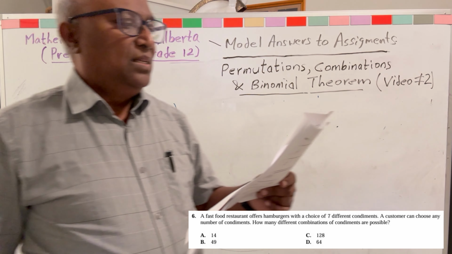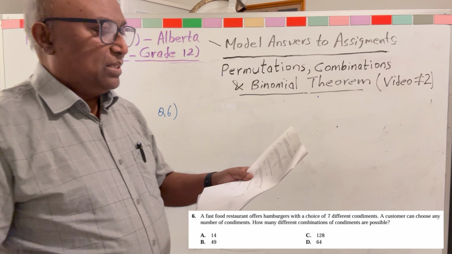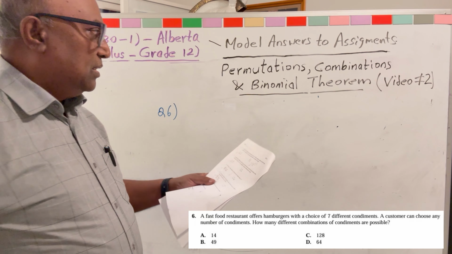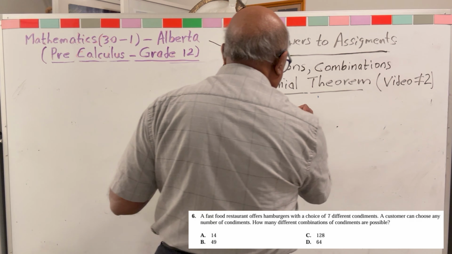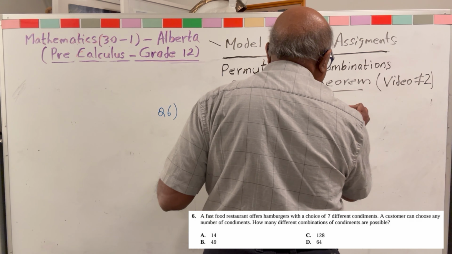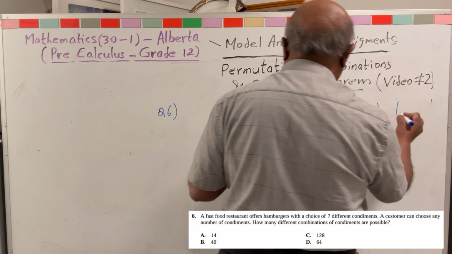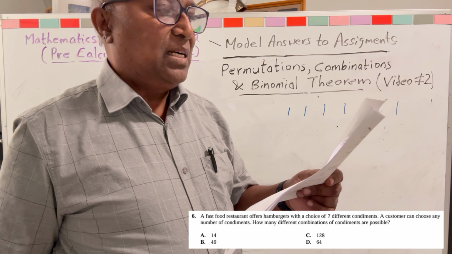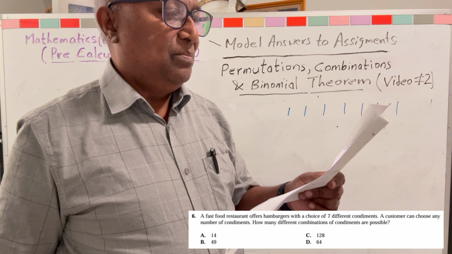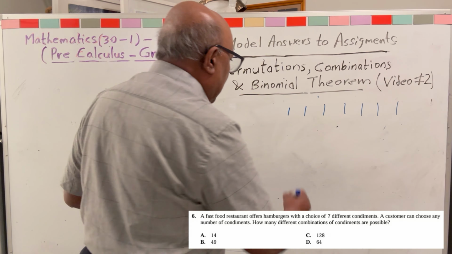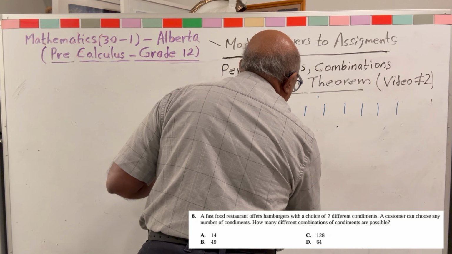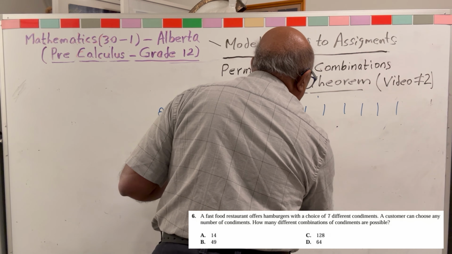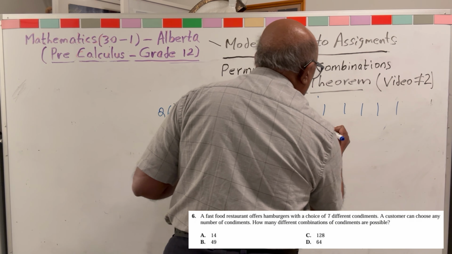Yes. Then he can accept or not accept. There are 7 different condiments, 1, 2, 3, 4, 5, 6, 7. Customer can choose any number of condiments. That means he can say yes or no, accept or not accept, like this.